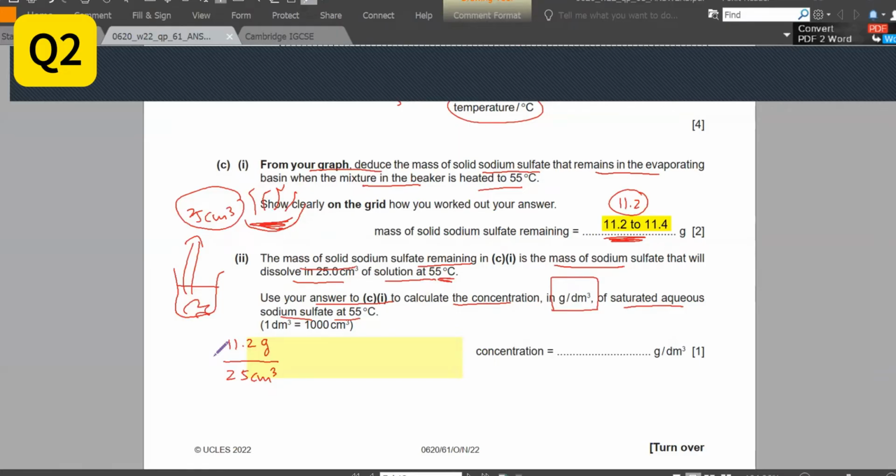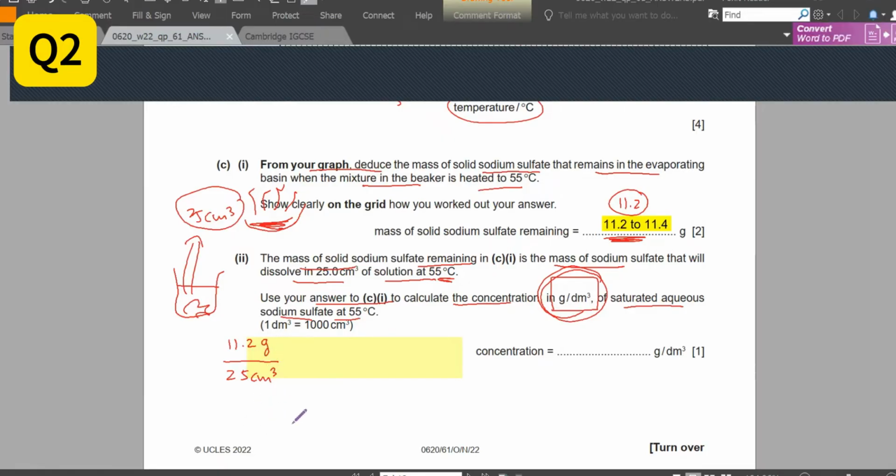But in general, for our result to be comparable, we always convert to a standard concentration, so we can compare easily with other experiments. So here, we need to convert to gram per dm cube. So 11.2 is already the correct unit, no problem. We don't need to do anything.